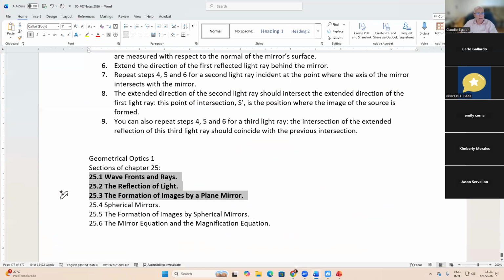We covered all of that. And now we're going to get into a more difficult topic, which uses the same principles we have been using, and is a different reflecting surface. It's a spherical mirror, not a plane mirror. Spherical mirrors.